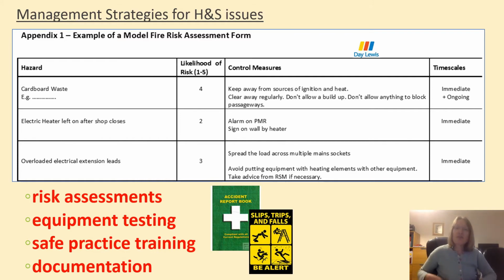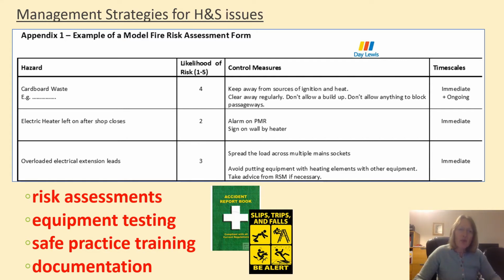So this is a simple way to get people to think about what the hazards are, and then how high the risk is and what you can do to mitigate that risk. So risk assessments are mandatory for all of these health and safety issues, so it's just part of routine working to get them done.